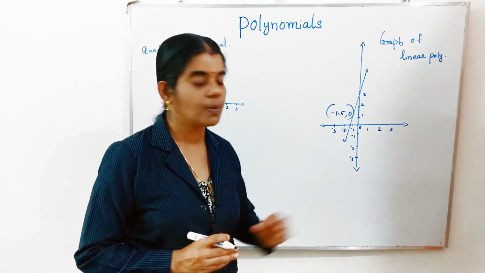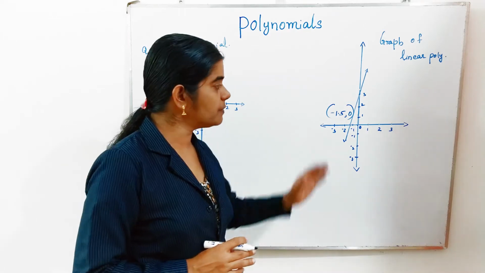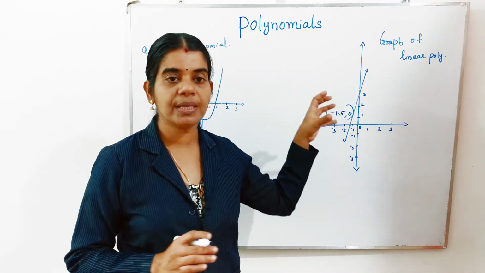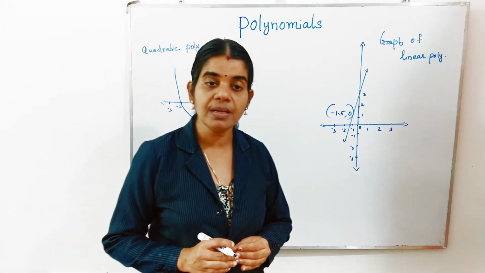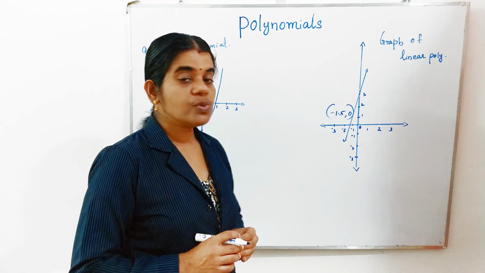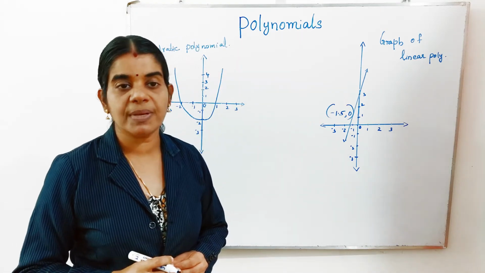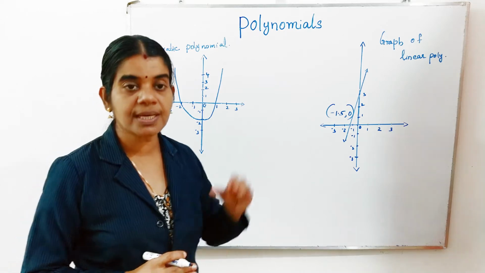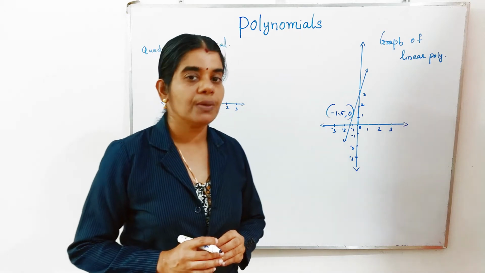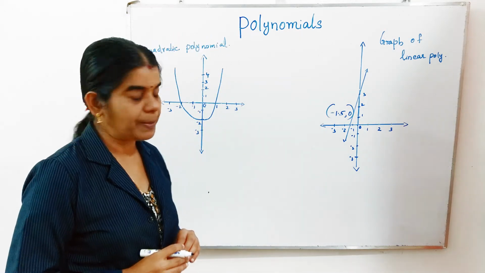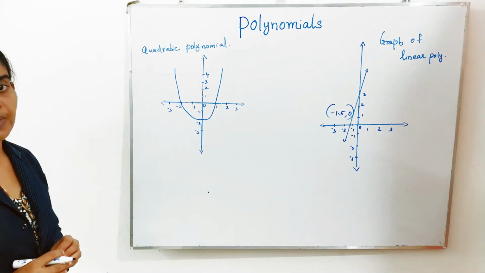If they are asking for the coordinate, then you write minus 1.5 comma 0, because on the x-axis the y coordinate will be 0. In the case of a linear polynomial, only one zero will be there, or a unique solution, where that graph intersects the x-axis. That will be the zero or root or solution of the given linear polynomial.